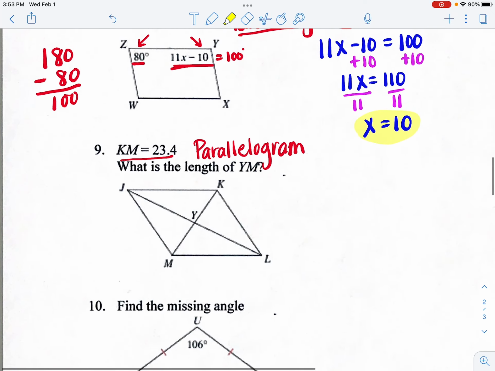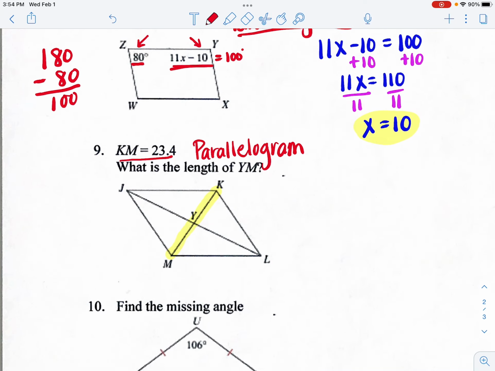They're giving me that KM, so that's going to be from here to here, is 23.4, but all we really need to find is the length from Y to M. So all I need to do is divide that by 2. So 23.4 divided by 2, that missing segment, or YM, is 11.7. Okay, so that's that one.